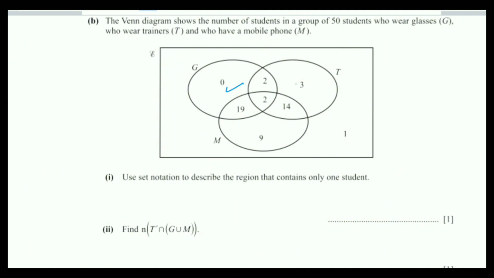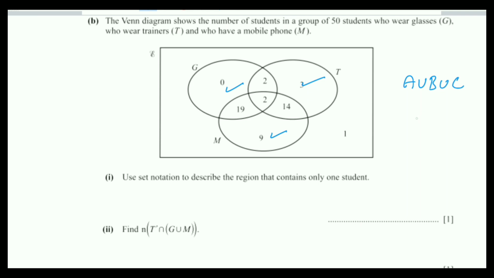If we combine these three circles, these are called A union B union C. When we exclude these three circles, it means not these circles. So not these circles means not A union B union C.